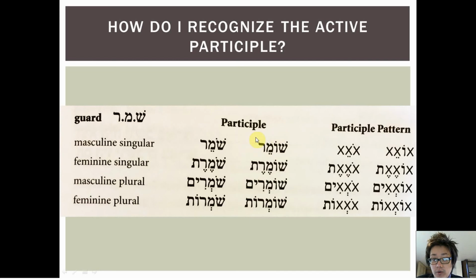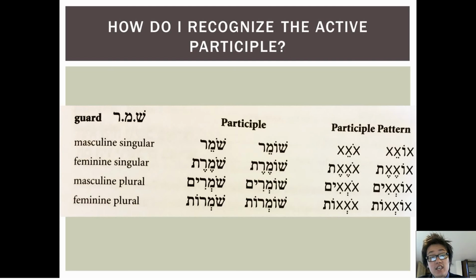Now, when you look over here, you'll see the different forms, the masculine singular, masculine plural forms. And notice in all of them, they have this holum. Again, sometimes the vowels beneath the second and third change. The endings, however, take note of the endings. These are basically the endings that you know from the nouns. Shomeret, that is the feminine singular, is a little bit different.